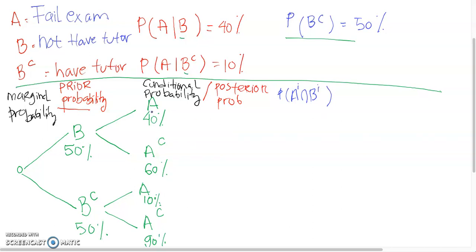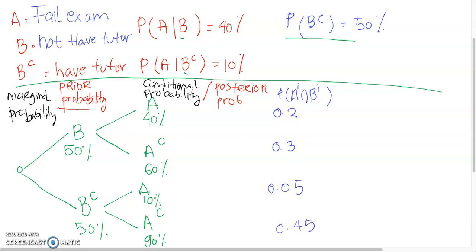So here we have the joint probability of A and B, failing and not having a tutor. The joint probability would be 0.5 times 0.4 is 0.2. 0.6 times 0.5 is 0.3. 0.10 times 0.5 is 0.05. And 0.9 times 0.5 is 0.45.